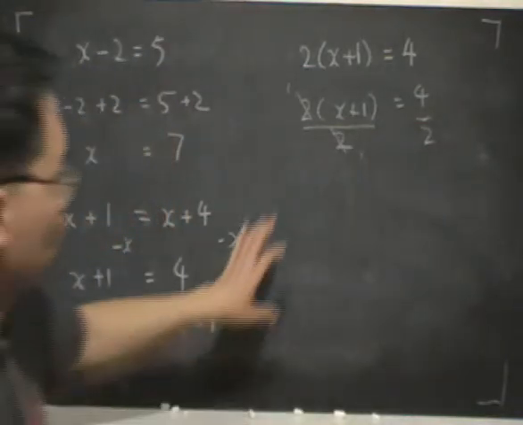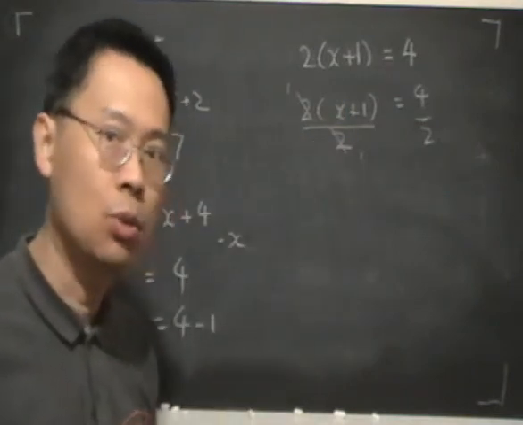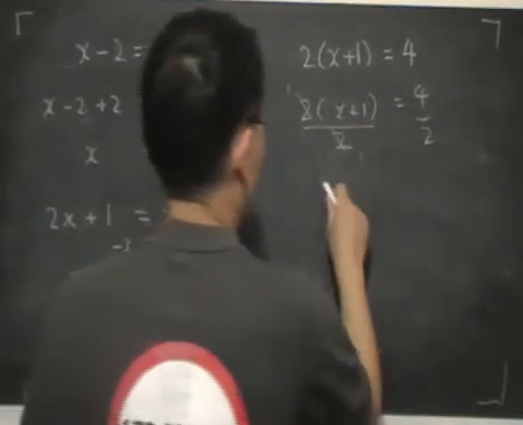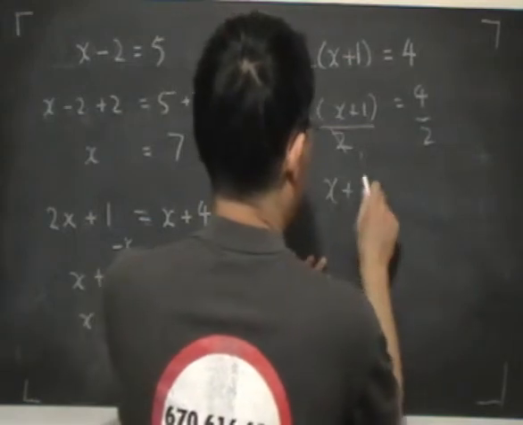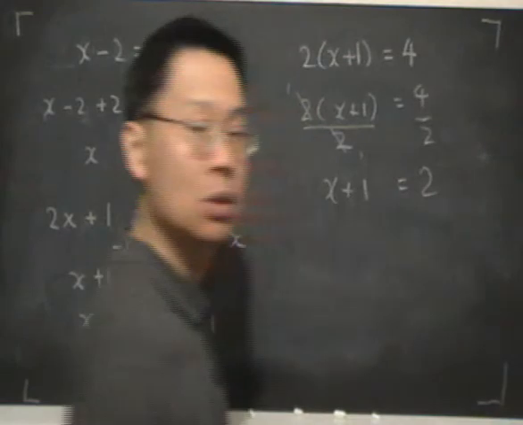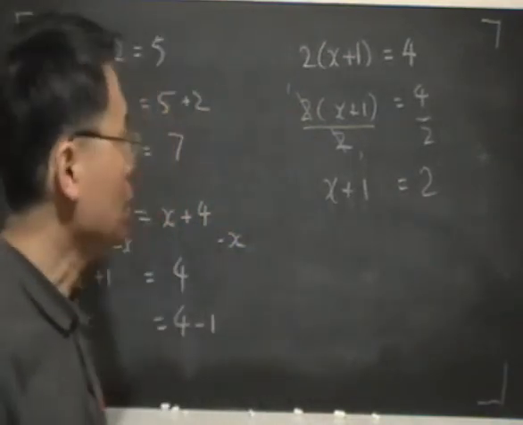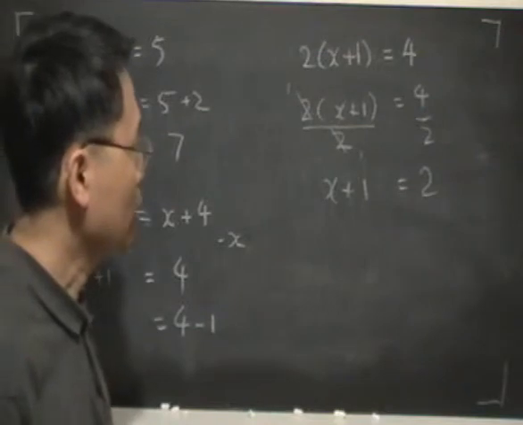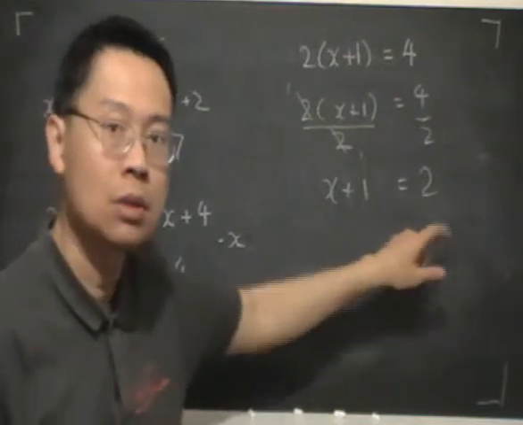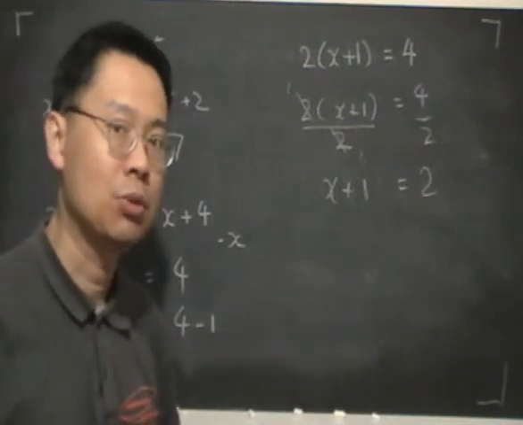So now the 2 is gone. On the left side, I'm left with x plus 1. And on the right side, I have 4 over 2, which is 2. So now I have quite a simple equation. x plus 1 is equal to 2, and you can already guess that x must be equal to 1.